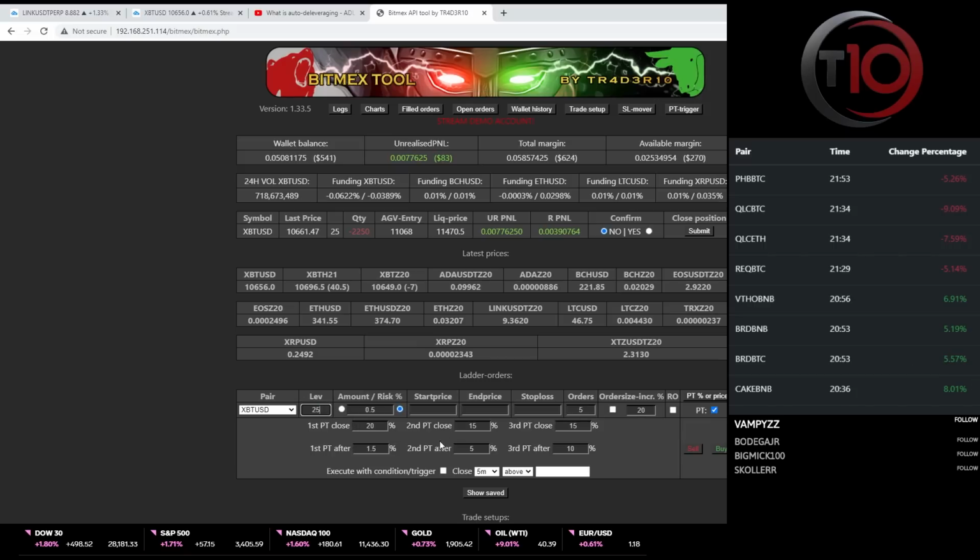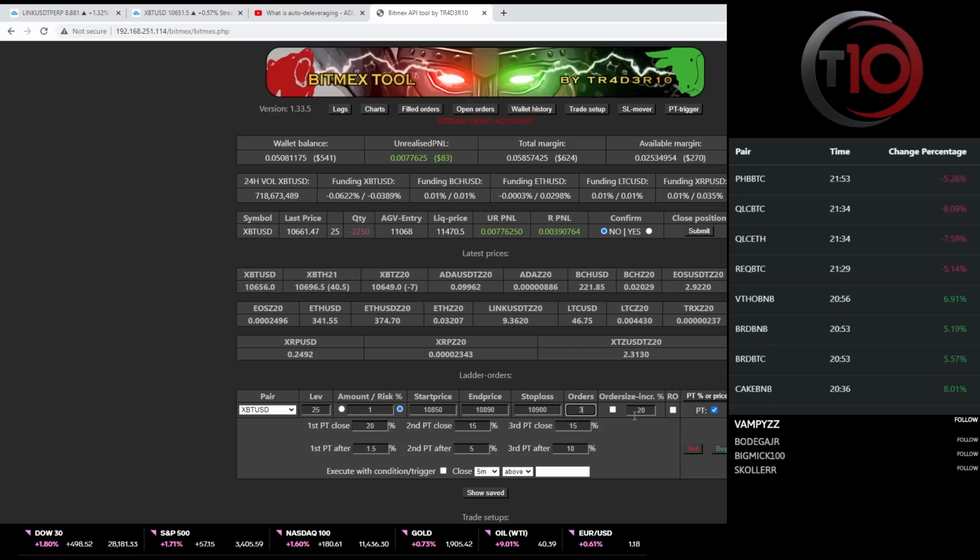So let's say you want to short with 1% risk. Let's say you want to short 10,850 up to 10,890 with stop loss 10,900. This is just some random entries.